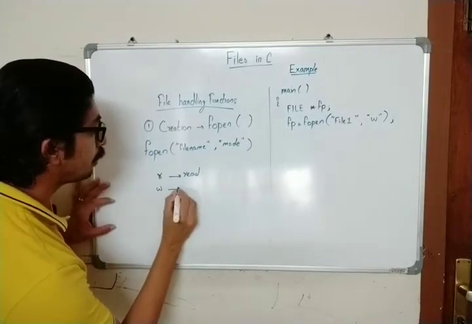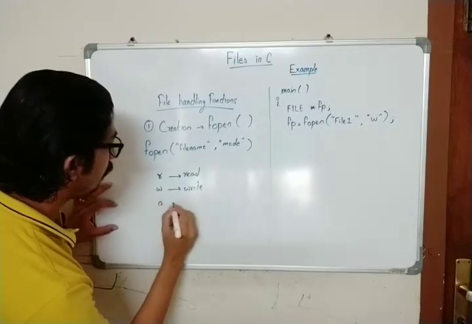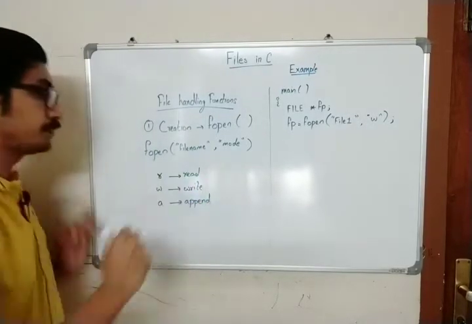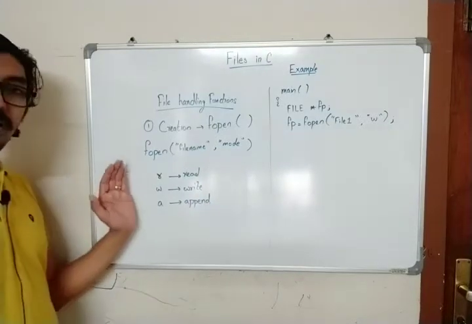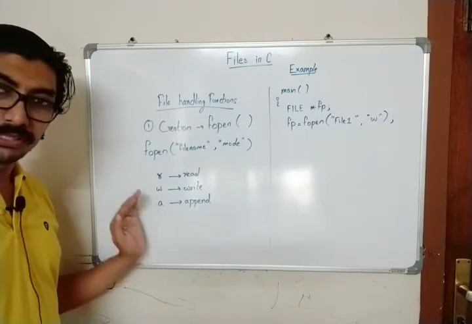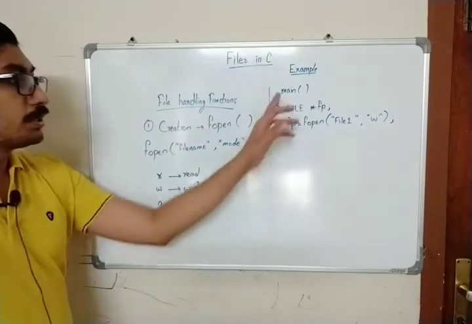Similarly you have w, which denotes write operation, and a for append operation. These are the basic three modes, and we have some others, which we will see in a short while. I will show you an example as well.